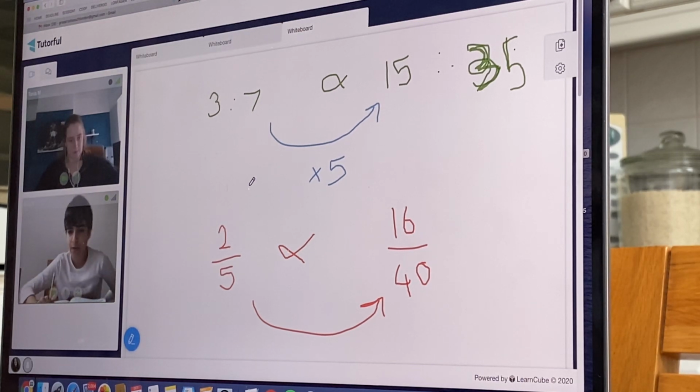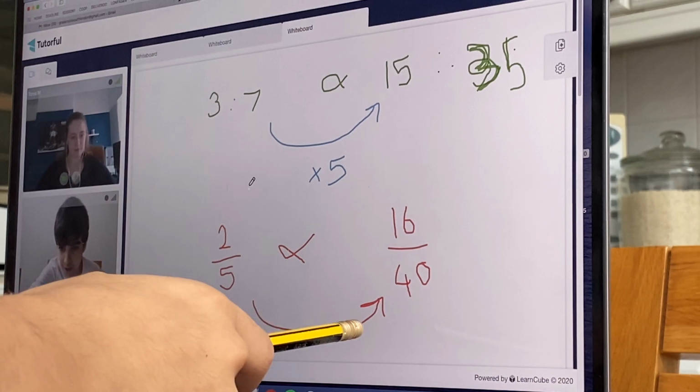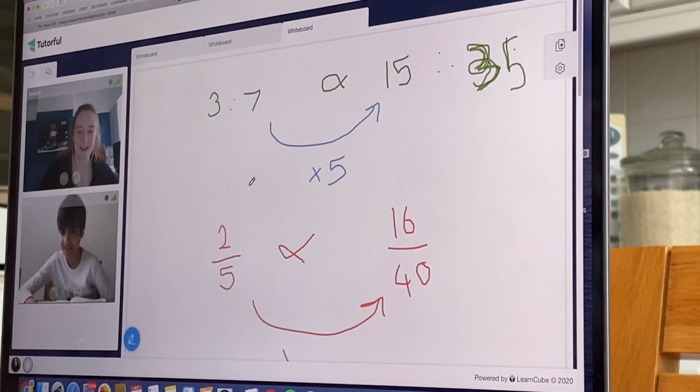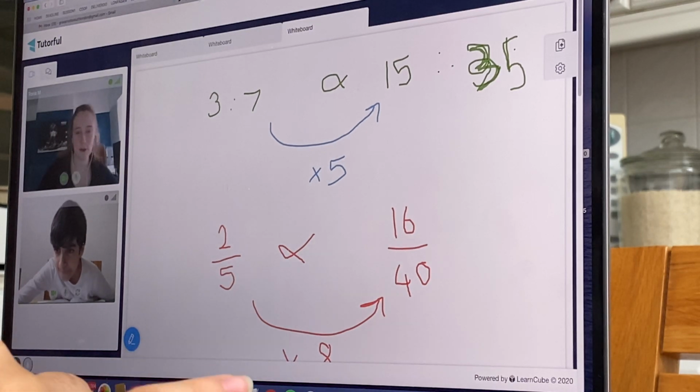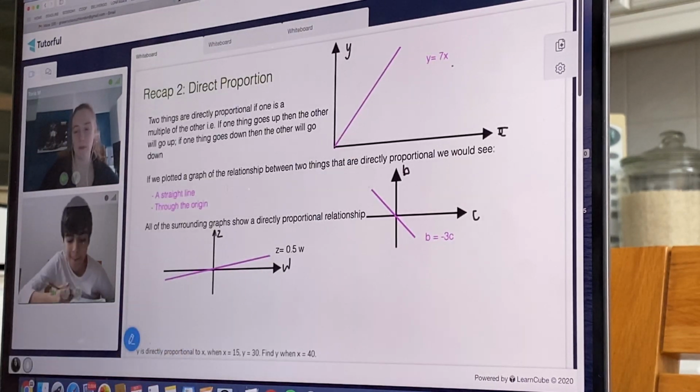By 8, yeah, brilliant. Really good. So those two things are proportional, and in those cases, we call this direct proportion. If we were to draw it on a graph, we would get a straight line through the origin. Those are the two key points.